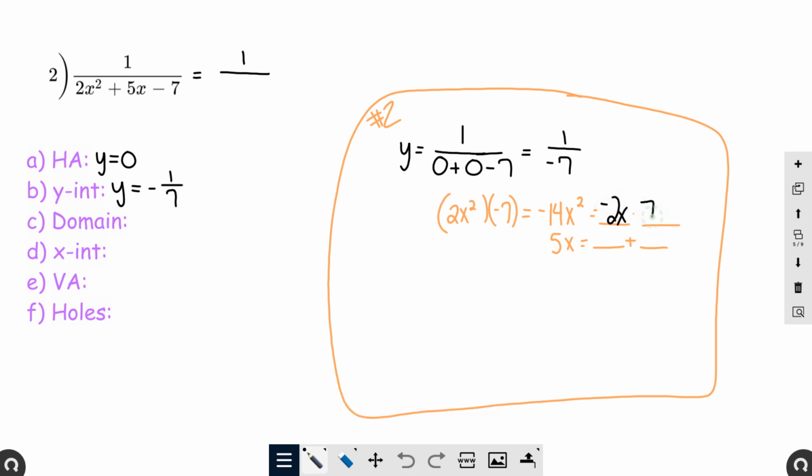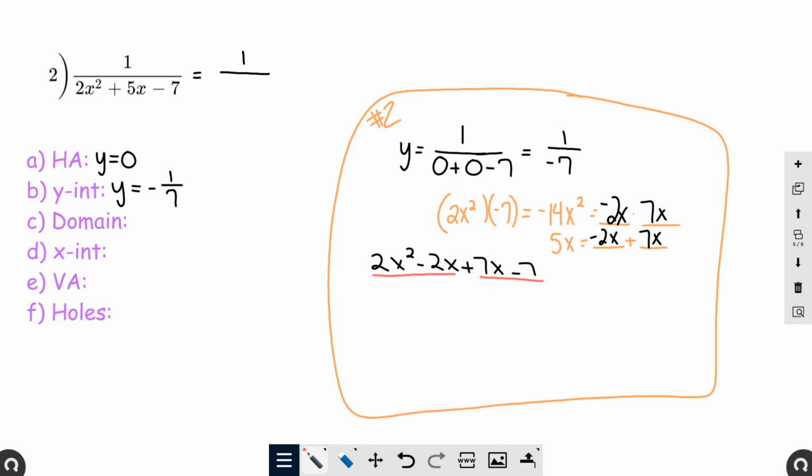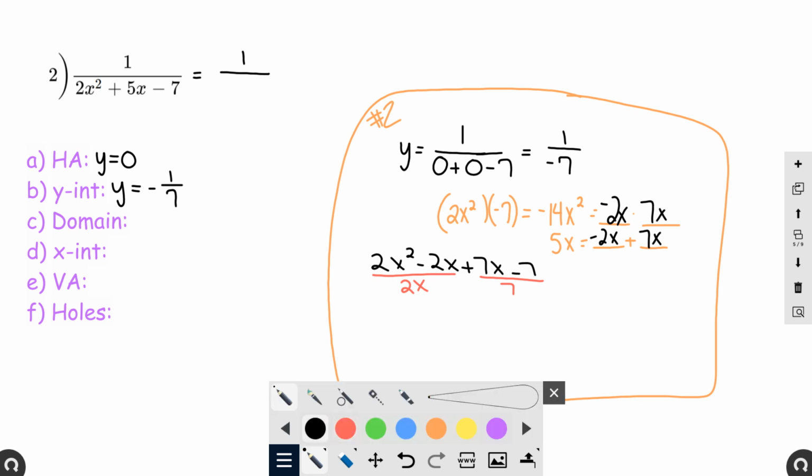Perfect. And don't forget, those go back in for the middle term. And now we have 4 terms, so now we use our grouping. Group the first 2, group the last 2, and look for the GCF. So 2x and 7. Very good.